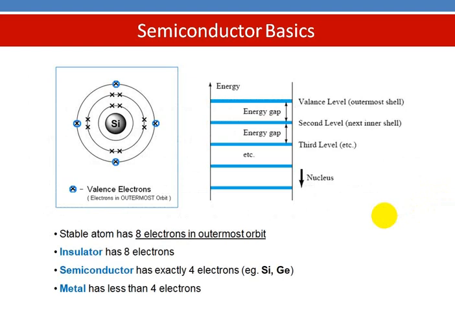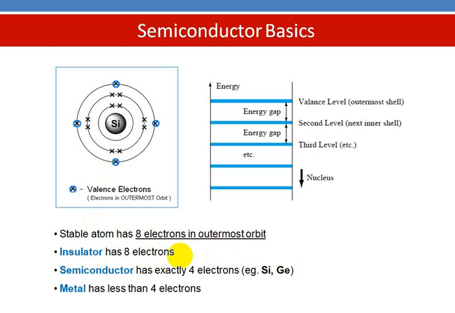Coming to the basics of semiconductor devices, let us consider silicon. Silicon has 4 valence electrons in the outer shell. A stable atom will be having 8 electrons in the outermost shell, and insulators have 8 electrons.